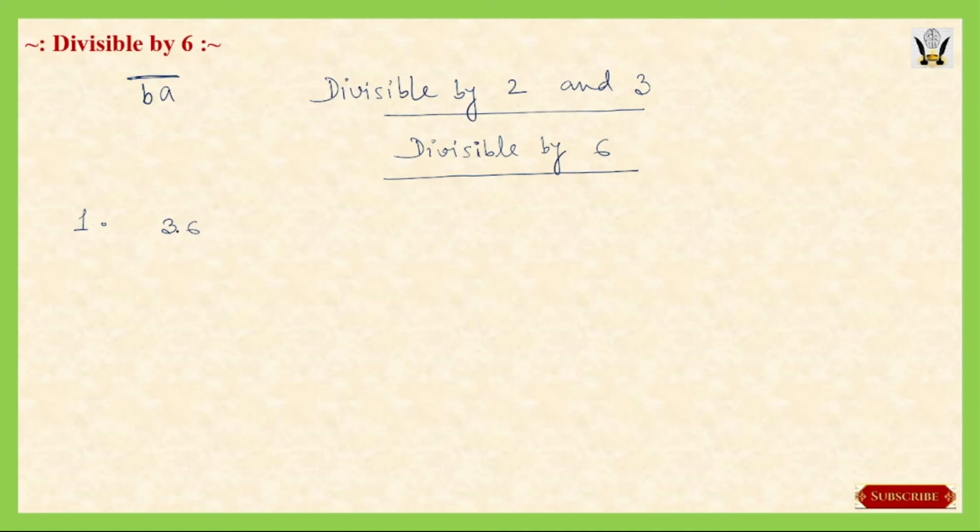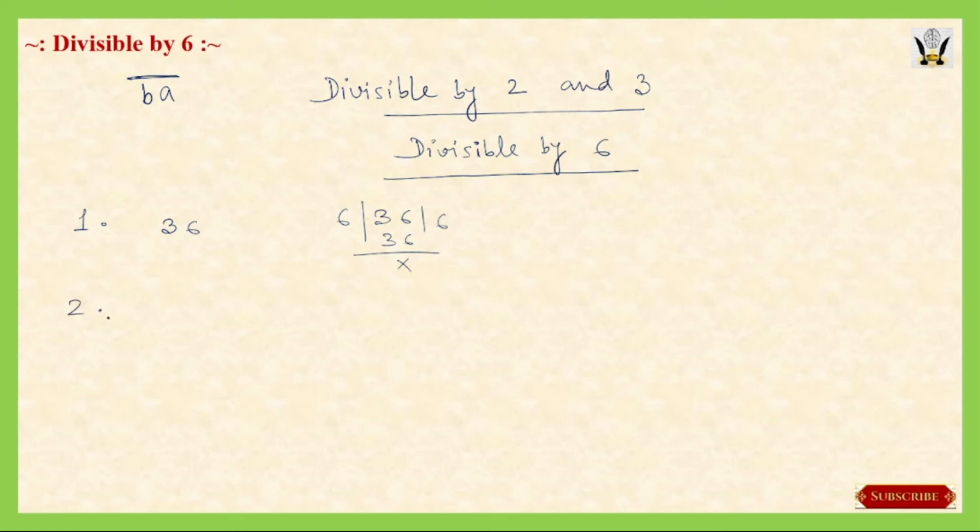And again, if we add these two digits, 3 plus 6, it will give us 9, which is also divisible by 3. So this 36 is divisible by 2, and at the same time it is divisible by 3. And we know that if we divide 36 separately by 6, the quotient will be 6, and there will be no remainder. That means 36 is also divisible by 6. So this logic is applicable here.